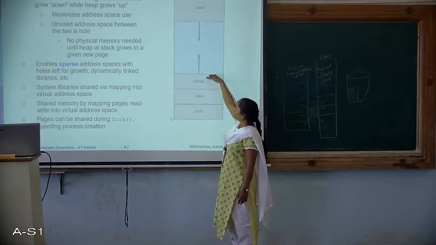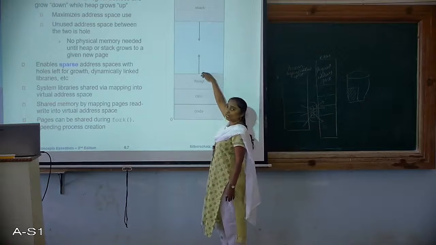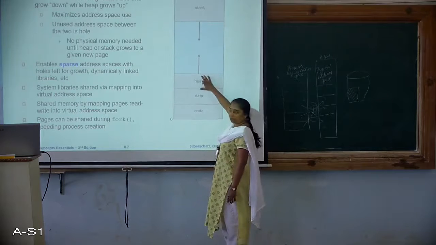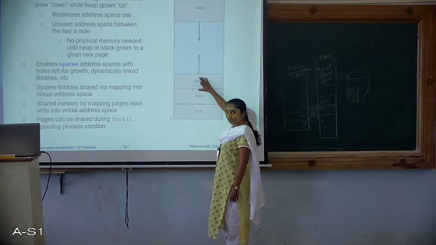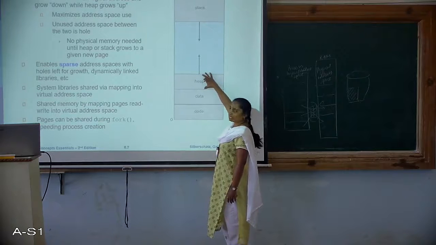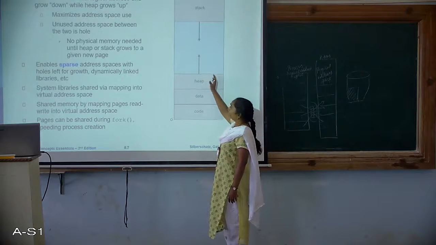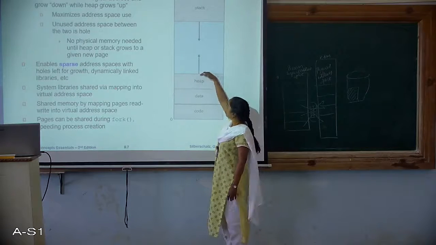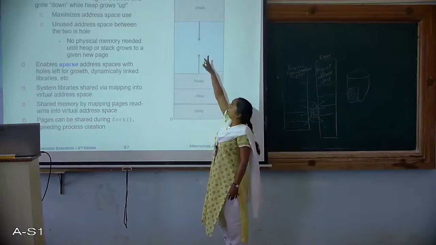And as memory is allocated, the heap limit goes on increasing. So if you have allocated memory for 5 objects, then this much memory is used. Then when you allocate memory for the 6th object, the limit of this heap will go up.